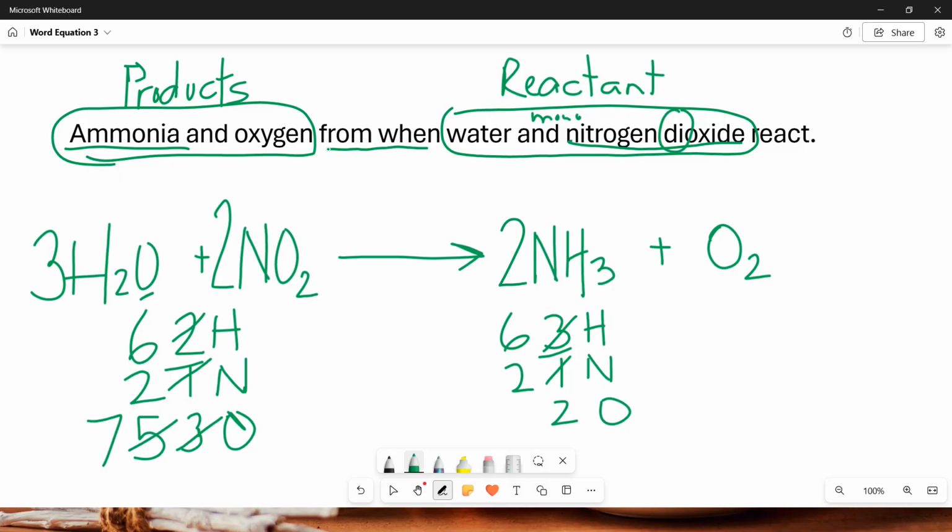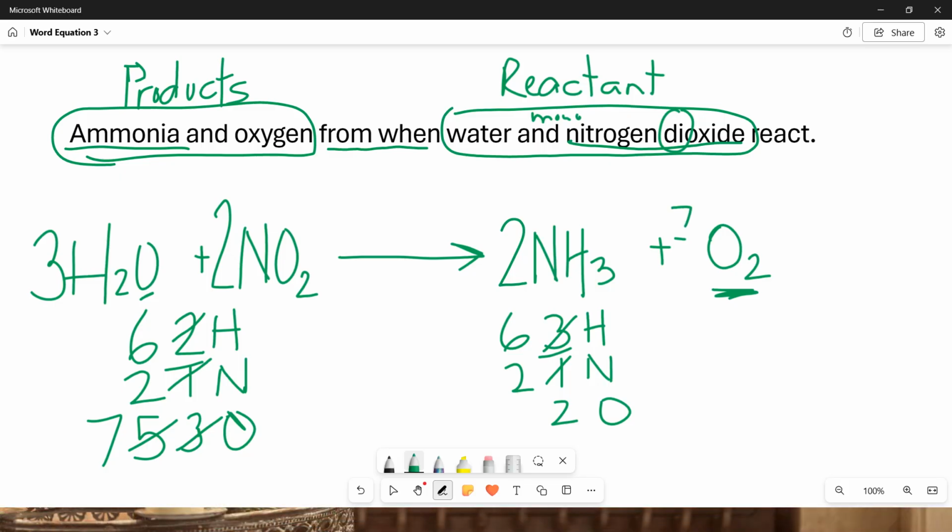Now, when I talked about balancing chemical equations, everything that I multiply this oxygen by is going to be even. And we have an odd number on the left side. So I tell my students, multiply by a fraction, and the 2's will divide out, and that gives us 7. But I don't like my students to leave their equations as fractions.